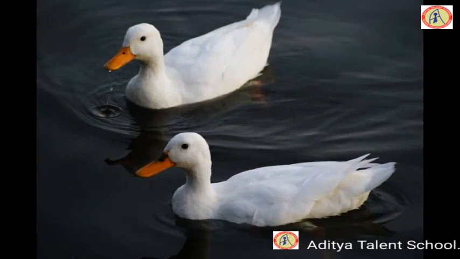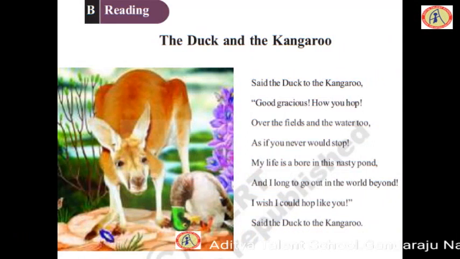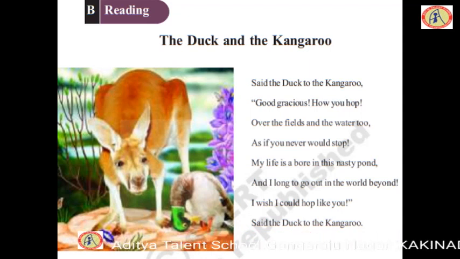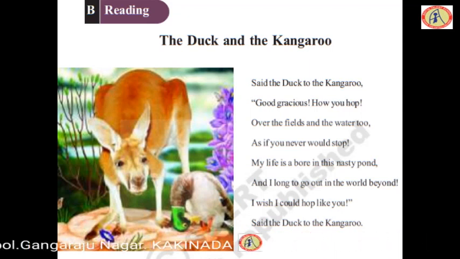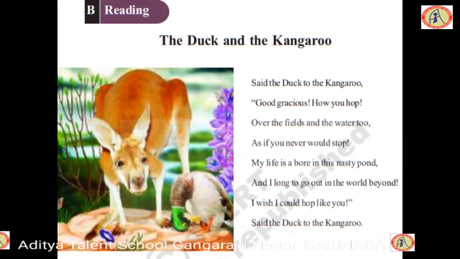As the duck cannot hop, in the nasty pond it can just move. So it feels surprised to look at the kangaroo, which is hopping over the fields and the water too. Not only in the fields, even in the water, I am much surprised to look at your hop, as if you never would stop. I never saw you stopping. My life is a bore in this nasty pond.